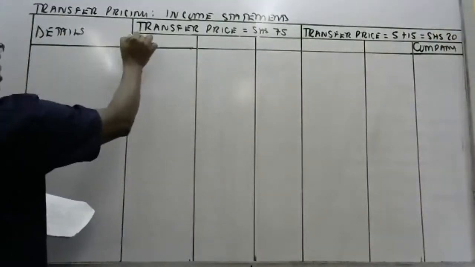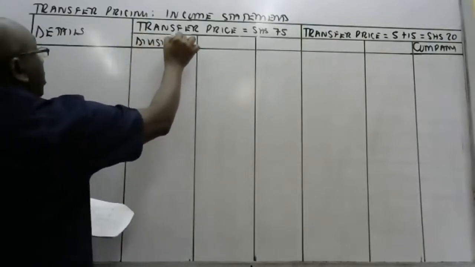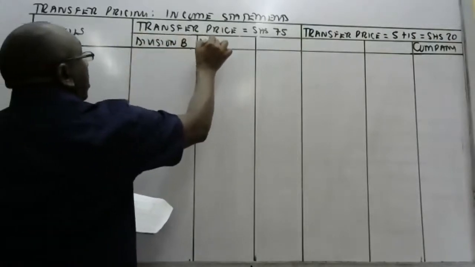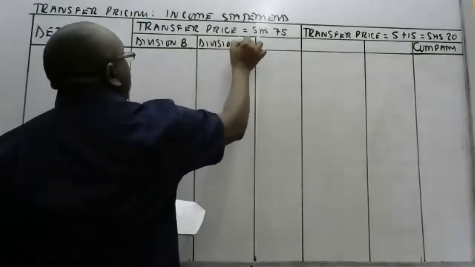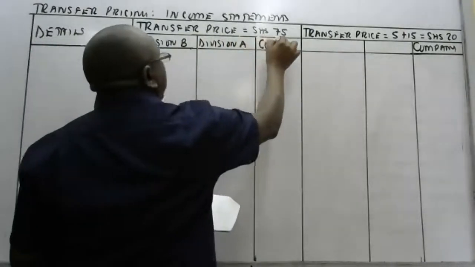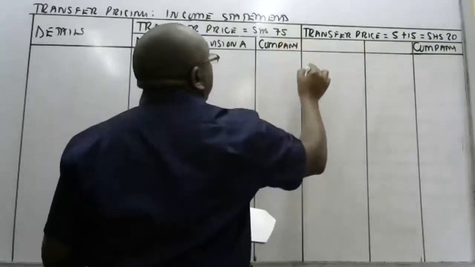So here we are dealing with the case of division B, who is the supplier, division A, who is the receiver, and then the company.